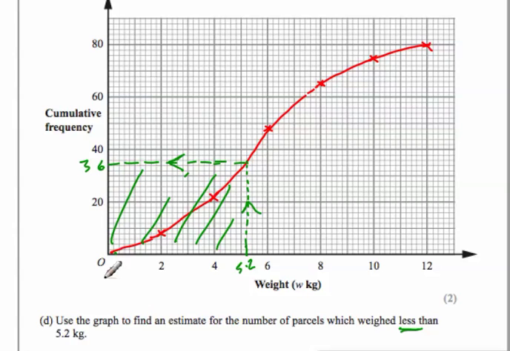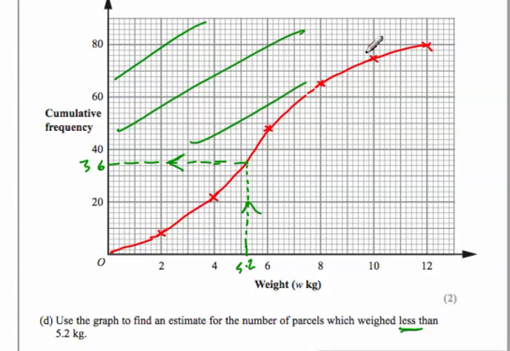If, however, it said more than, we would be talking about this part of the graph here, and in that case you would have to do a subtraction of 80 take away 36, because we'd be talking about this region here. That's just something I'm pointing out. In this case, the answer is 36.